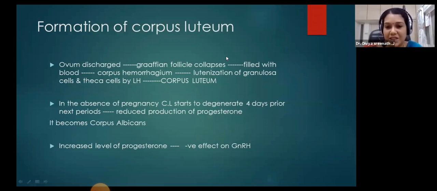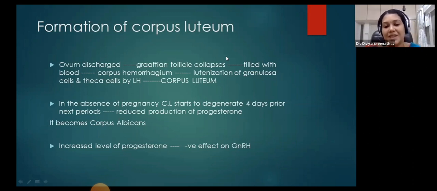This corpus luteum secretes progesterone as well as estrogen. But the main hormone during the secretory phase is progesterone, and estrogen is also secreted in a lesser quantity. So, if pregnancy does not happen, almost 3 to 4 days prior to the next menstrual cycle, the corpus luteum starts to degenerate, and there will be a fall in the progesterone and estrogen production, which causes menstruation to happen.